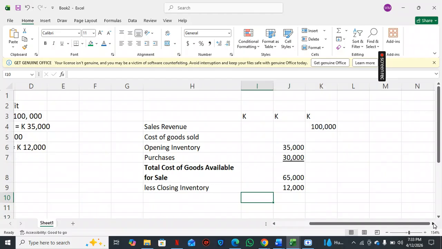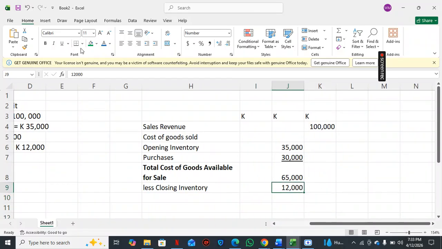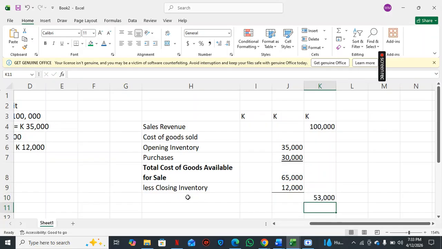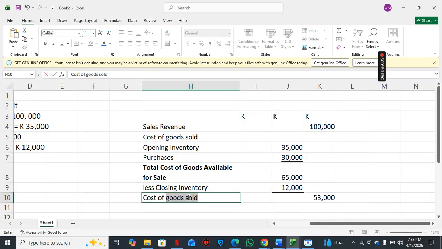So our cost of goods sold is going to be the total cost of goods available for sale minus the closing inventory, which will give us 53,000. Cost of goods sold.